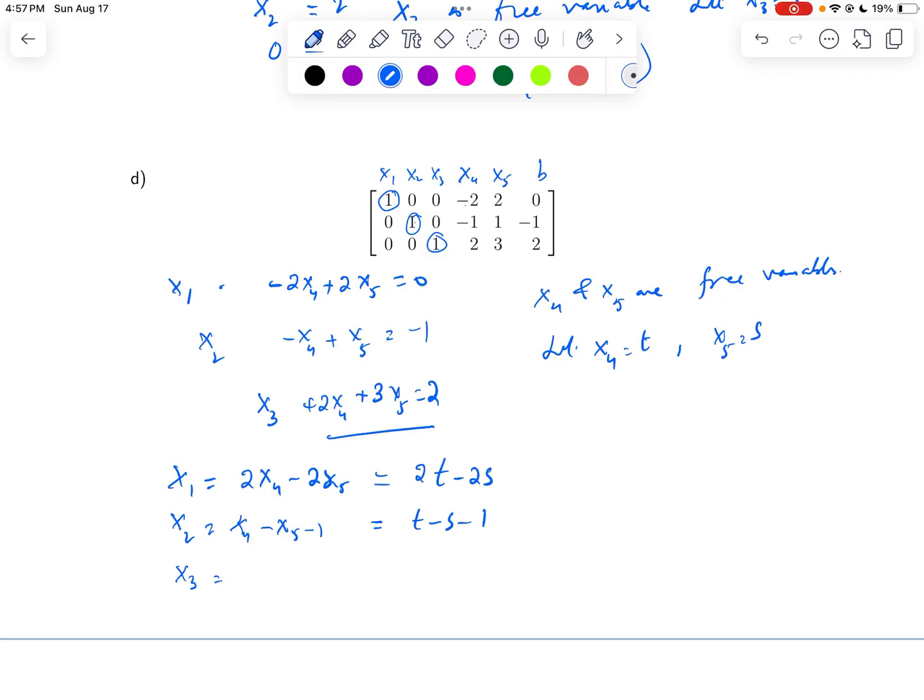So negative 2x4 minus 3x5 plus 2, or negative 2t minus 3s plus 2. And x4 is t and x5 is s, and in the tuple form you should be able to write these values. This is how we write down our solutions.